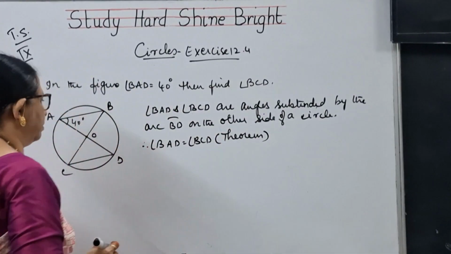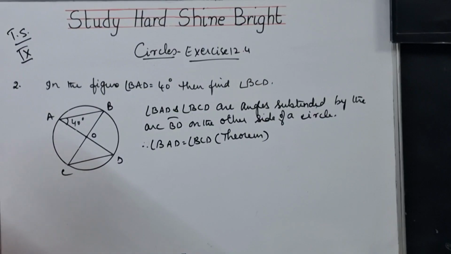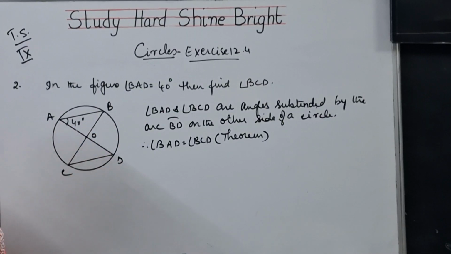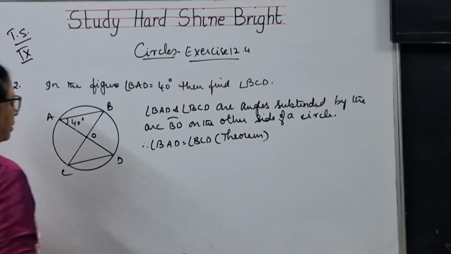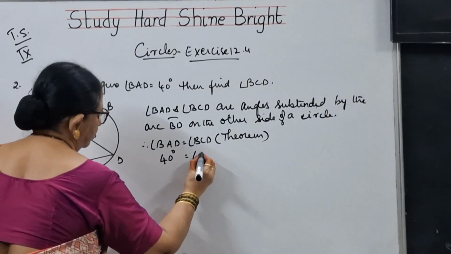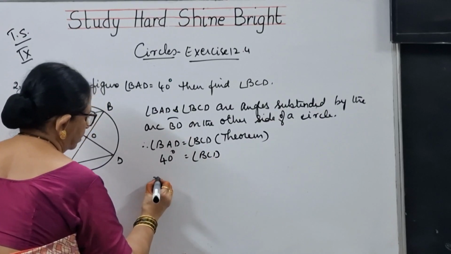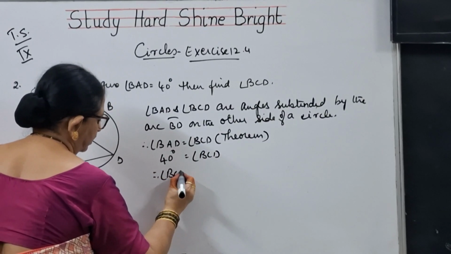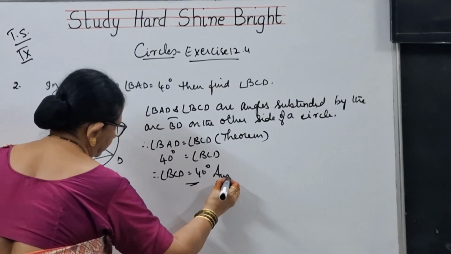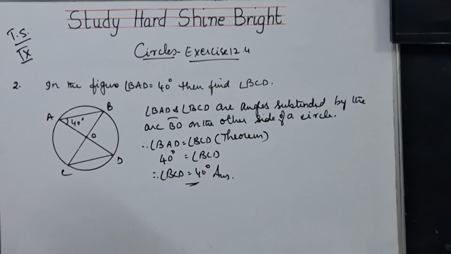They are equal. Angles subtended by the arc on the same segment on the other side of the circle are equal in measure. The angle BAD is 40 degrees is equal to angle BCD. Therefore, angle BCD is equal to 40 degrees is the answer for this problem, children. Please note it down. Very simple one.